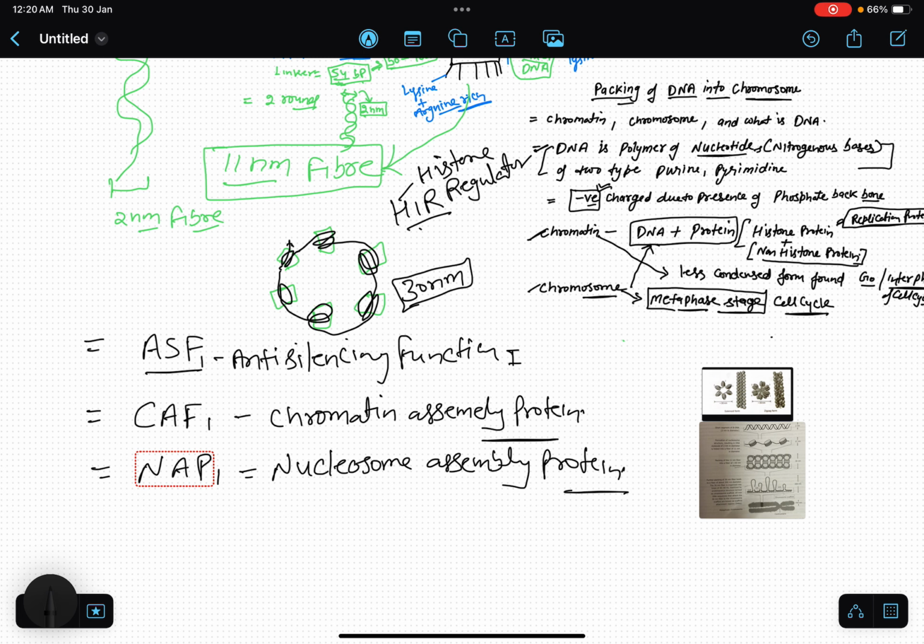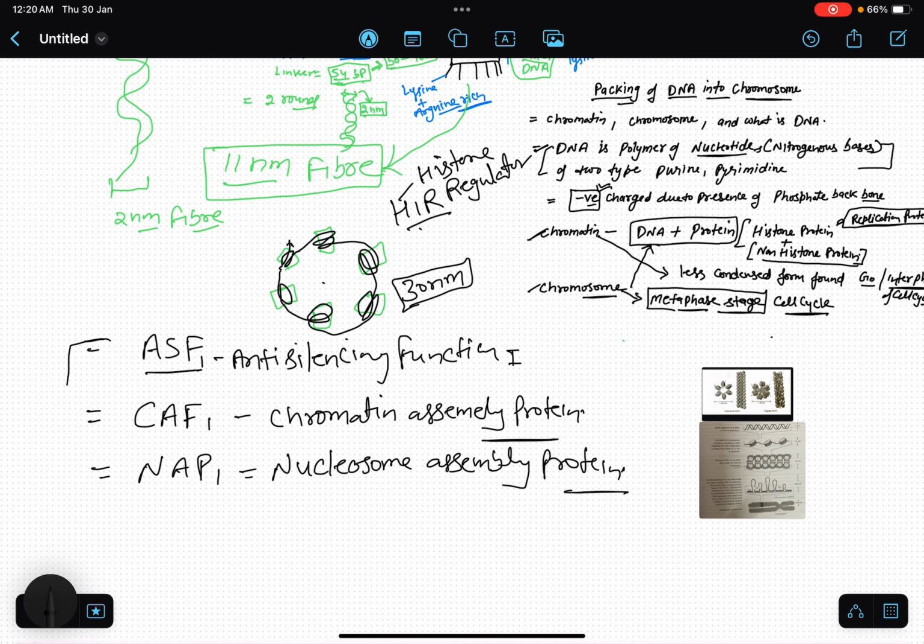These are some proteins which come here and combine this structure like this into the 30 nanometer fiber and further condense it.